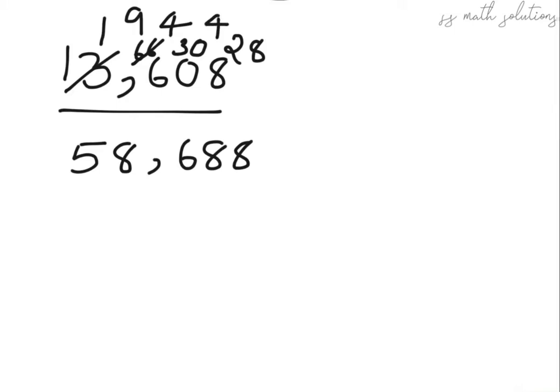So in the first step itself, our 13,608 changes to 1,944. But if we were cancelling with 2, we would not get this much smaller a number. Hope you understood.